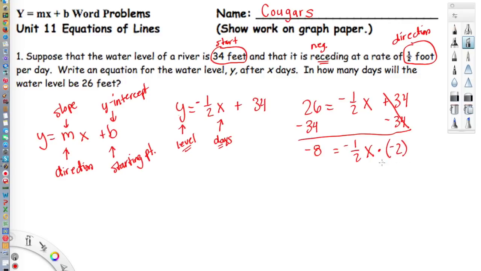Multiplying it by 2, or 2/1. And what I do to one side, I have to do to the other, so I'm also going to multiply the other side by negative 2. Negative 2 times negative 8 is a positive 16, and a negative 1/2 times a negative 2 is 1x, or just x. So our answer is 16 days.